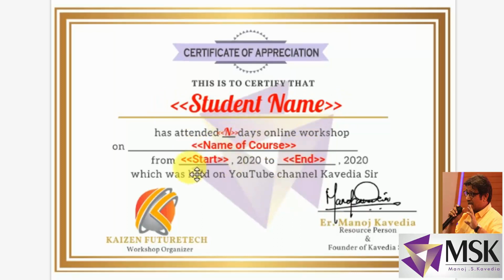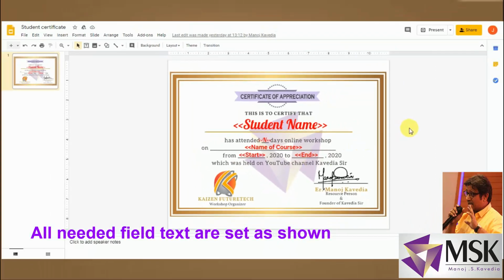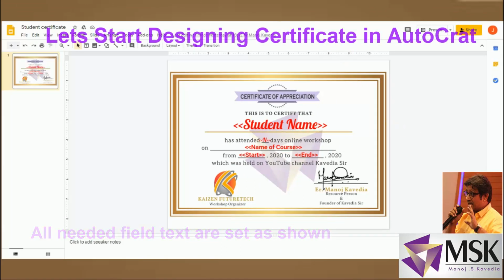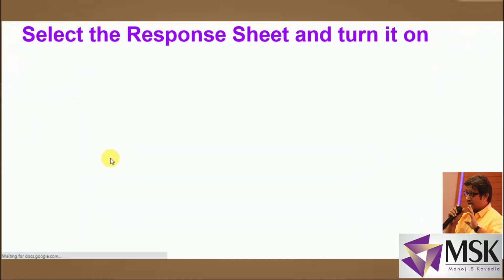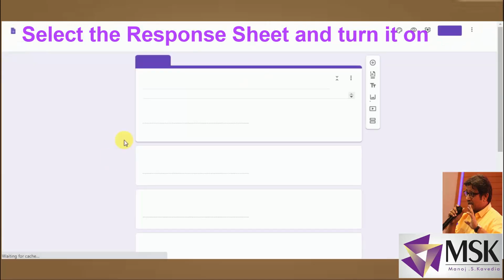It's an image set up on the background of the slide, and all the text is written from the fields of the Google Slide. So red colors are the fields. I have taken student name, number of days, course start date, end date, name of the course, which means I have designed a general certificate.